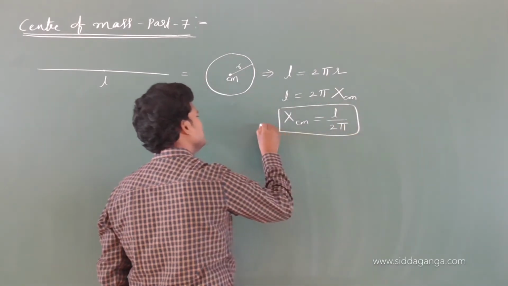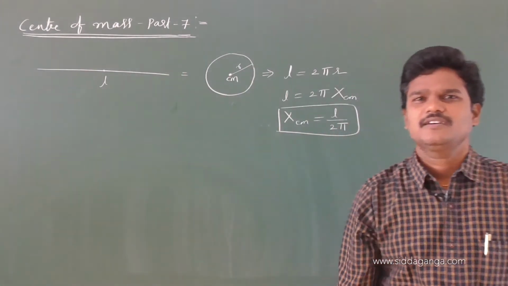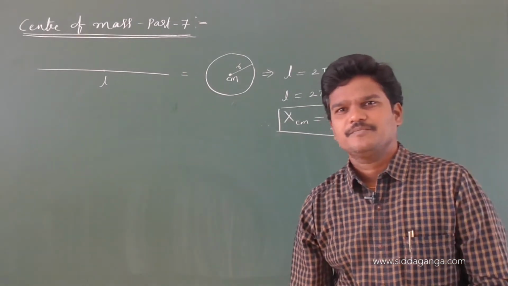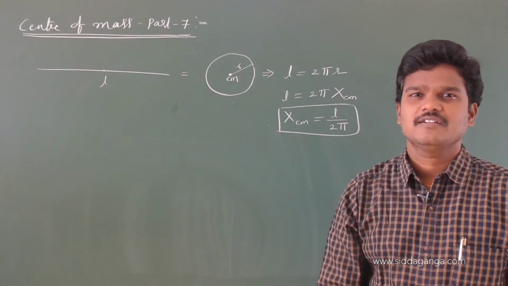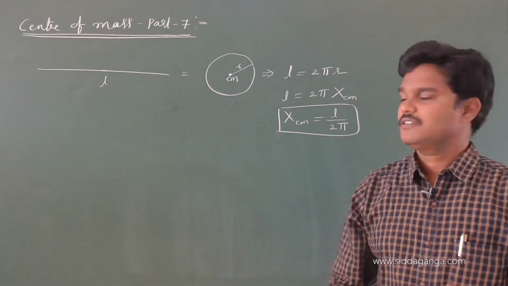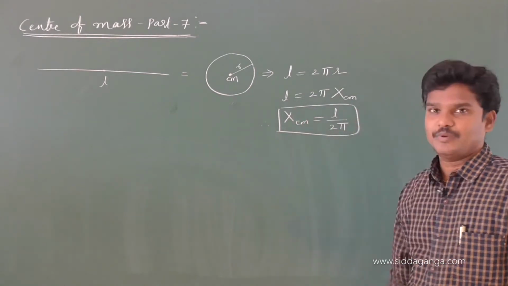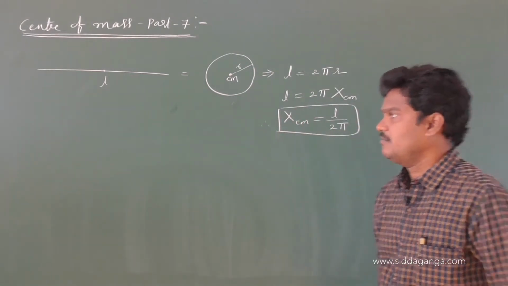So keep the concept in mind, very basic concept, very easy level. If a wire of length L is bent into the form of a circle, then the shift in center of mass is nothing but the radius, and the shift in center of mass is L by 2 pi. Take this L by 2 pi.